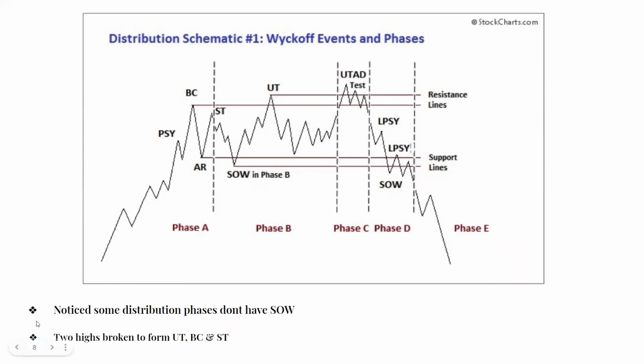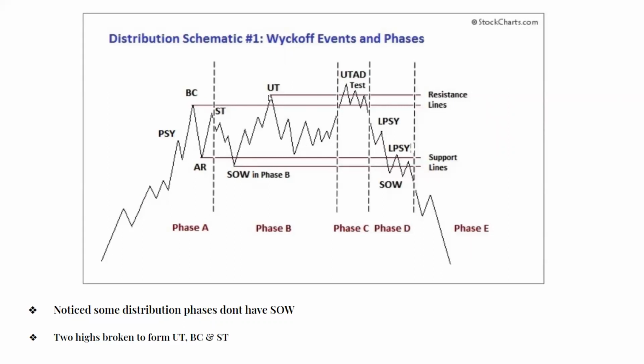Now, one thing I've noticed is that some schematics that I observe don't have the sign of weakness like the ST. From here, we trade down, but it will close above the AR level and then forms an upthrust, UTAD, upthrust after distribution. So that's one thing you want to look out for that I've observed.